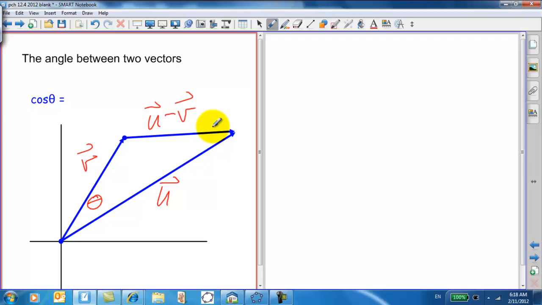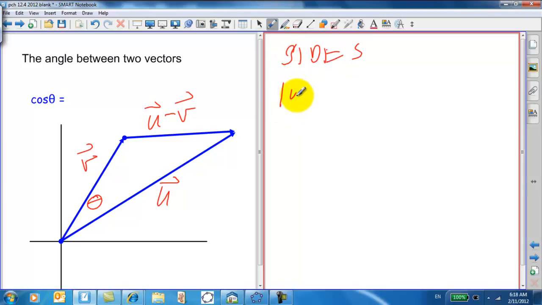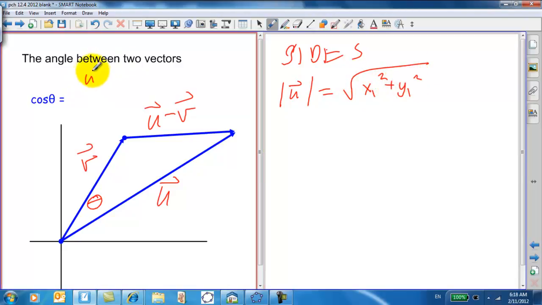Now let's look at all the sides of this triangle that we made. The magnitude of u is one side, and we'll call that the square root of x1 squared plus y1 squared. Let's let u equal x1, y1, so we can look at coordinates, and v equal x2, y2.